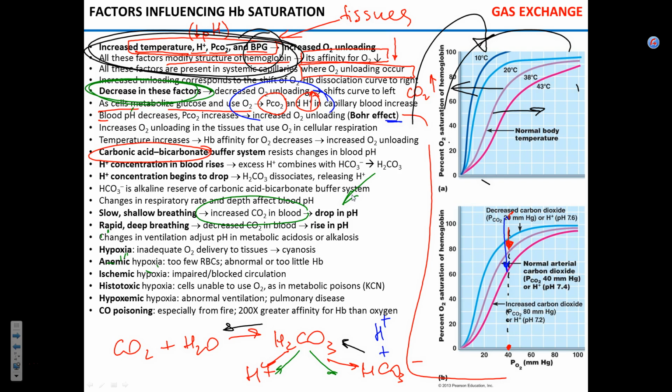Now, what's more interesting, in my opinion, is, well, I cannot really imagine myself breathing slow and shallow. It's really hard for me. Does that make sense? Because my respiratory center will immediately trigger normal breathing. Okay? But we can do rapid and deep breathing.